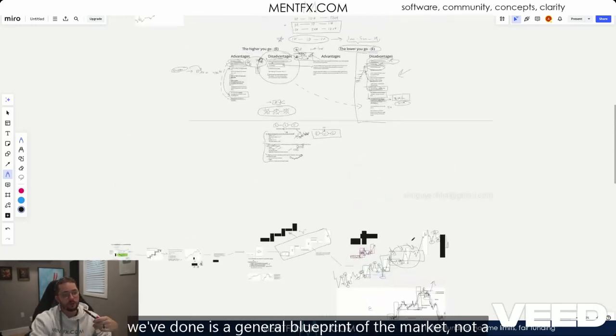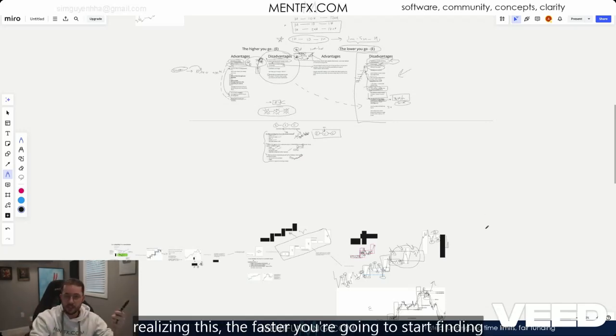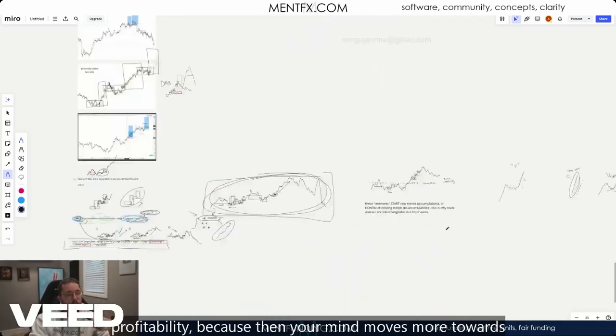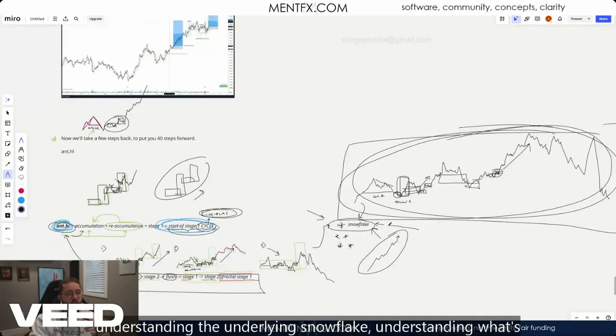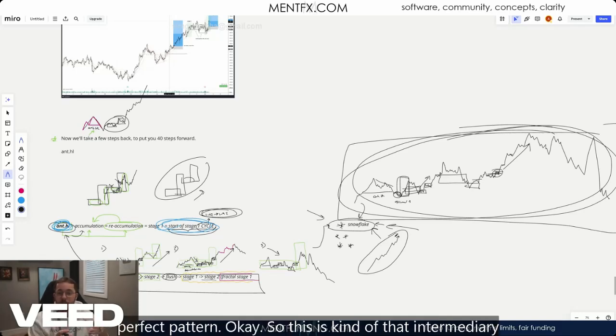Every single thing we've done is a general blueprint of the market, not a guaranteed, perfection-based fact. The second you realize this, the faster you'll find profitability, because your mind moves toward understanding the underlying snowflake, understanding what the composite operator is doing so you can get involved with it, rather than looking for that specific, perfect pattern.